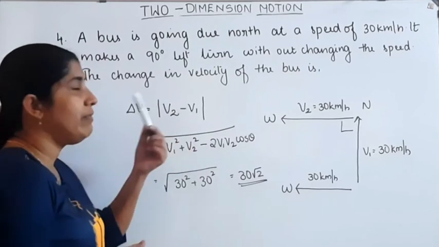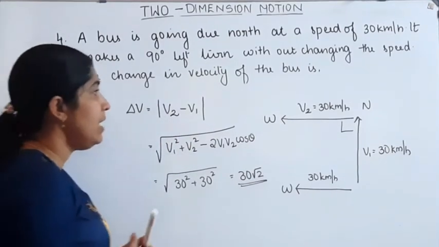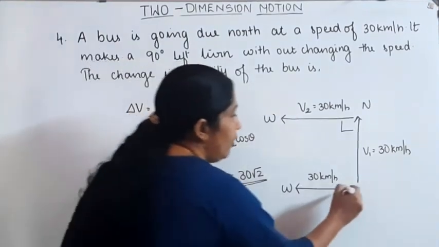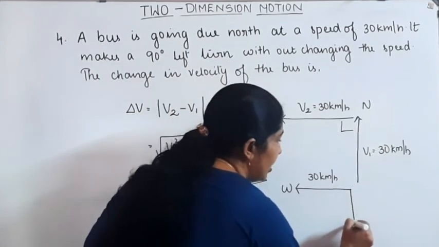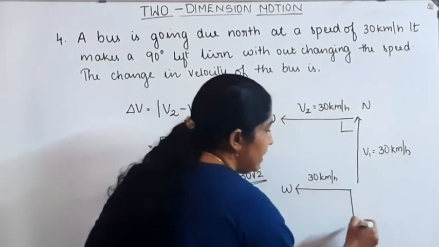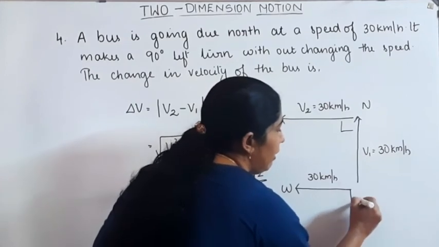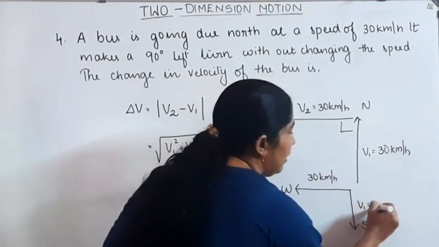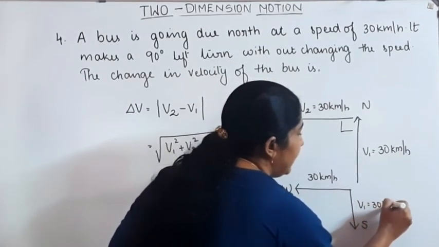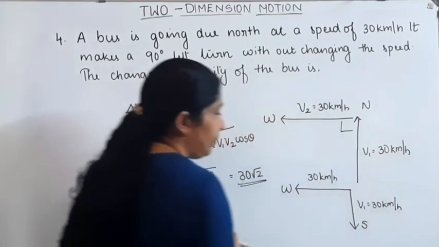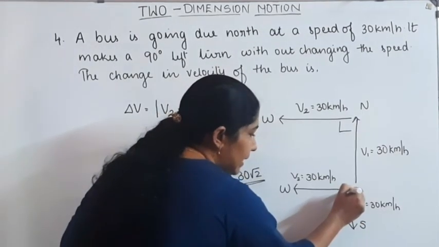V2 minus V1 is the change in velocity. So we consider minus V1, which is towards south with a velocity 30 km per hour. The direction gets changed. Then what about the resultant velocity?